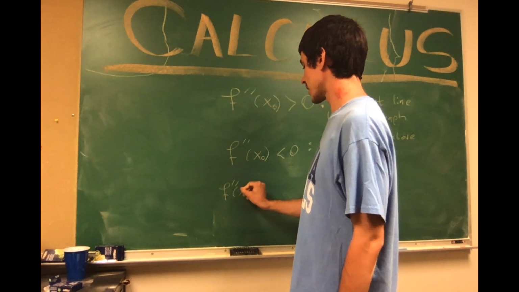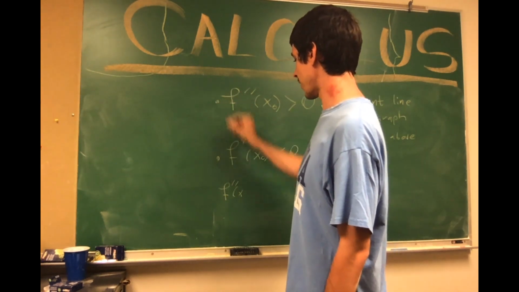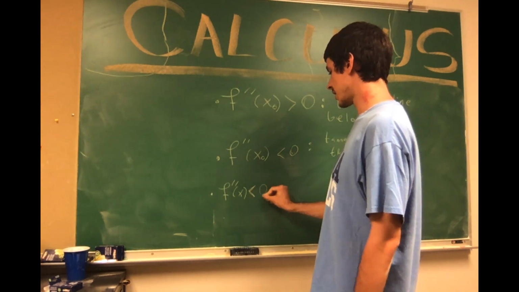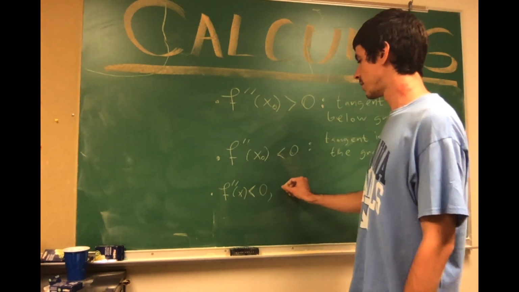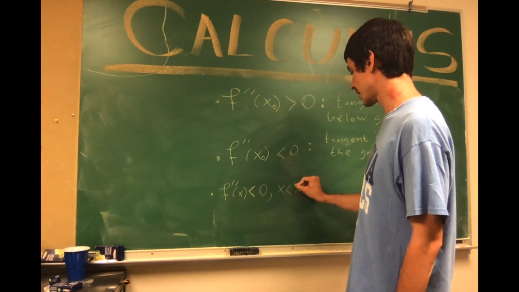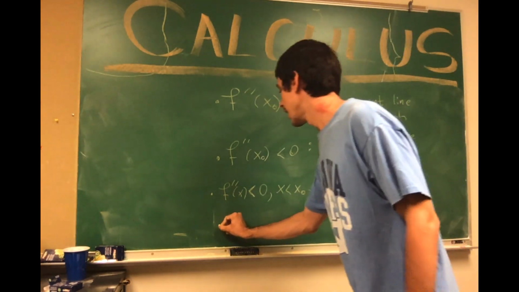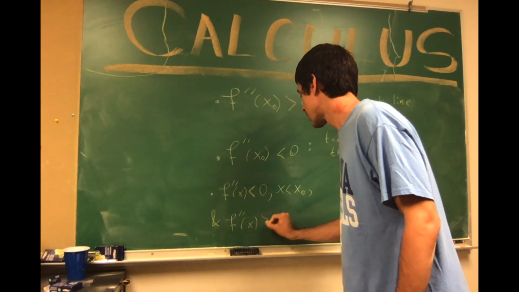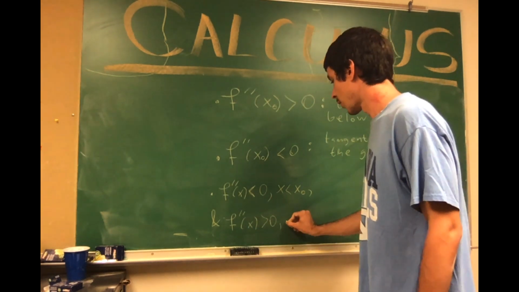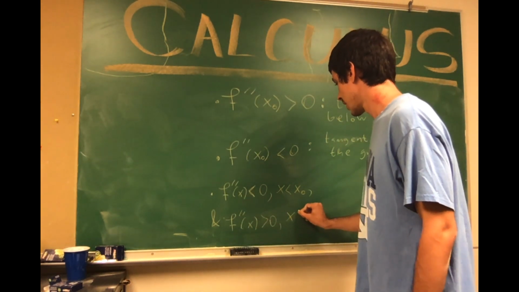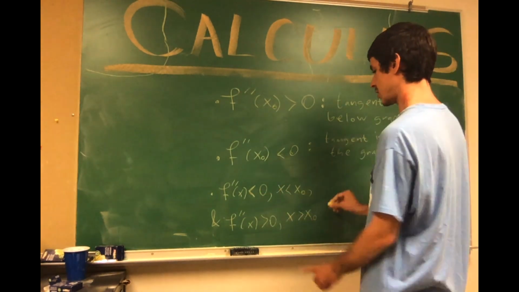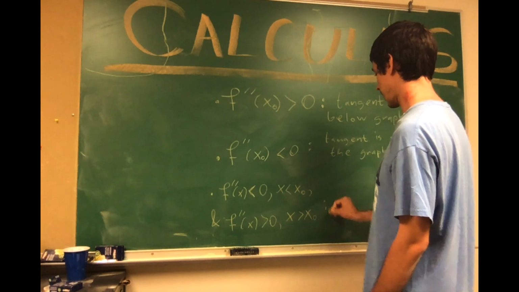So if f double prime of x is less than 0 for x less than x0, and f double prime of x is greater than 0 for x greater than x0, then this corresponds to a switch.